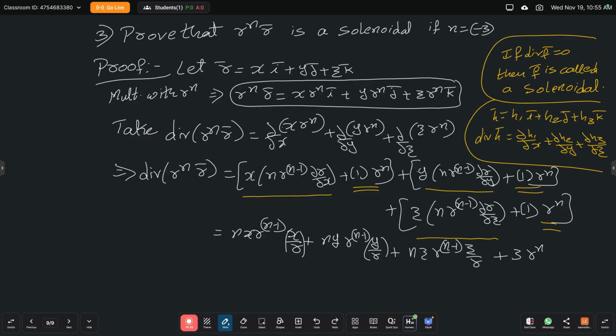Then I'm going to write the last but one step here: n x² r^(n-2) plus n y² r^(n-2) plus n z² r^(n-2) plus 3 times r^n. But if you observe the first three terms, what can be taken common? n r^(n-2) common.